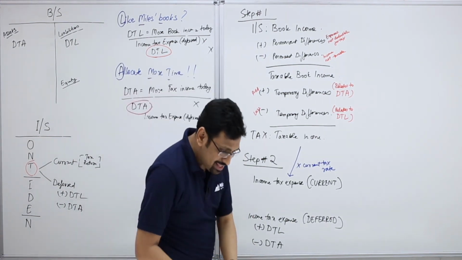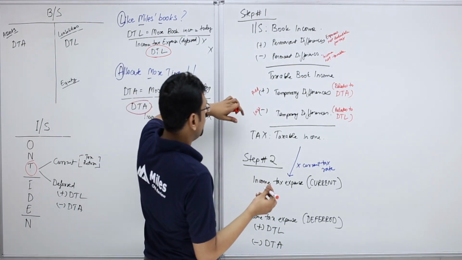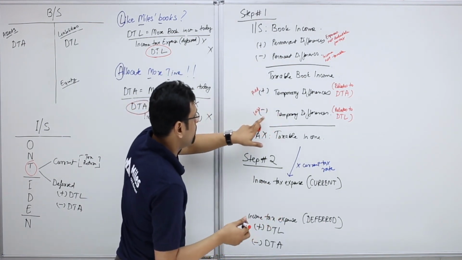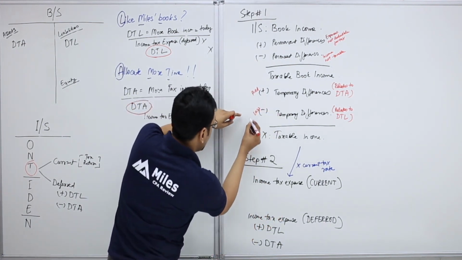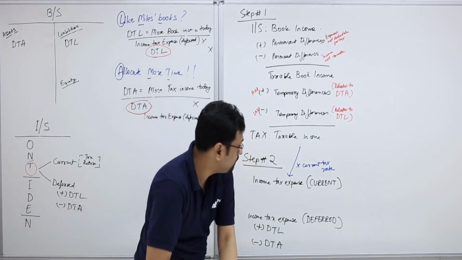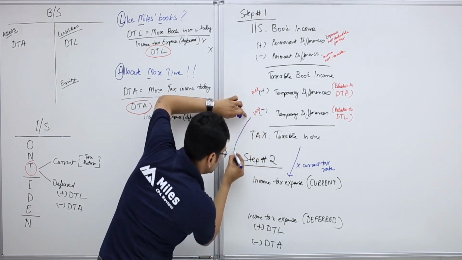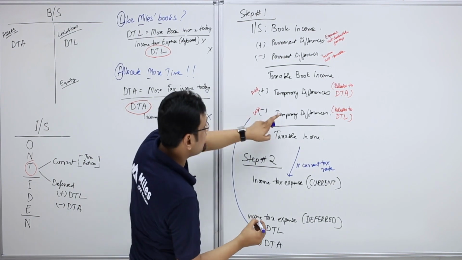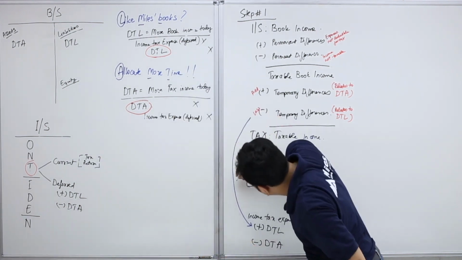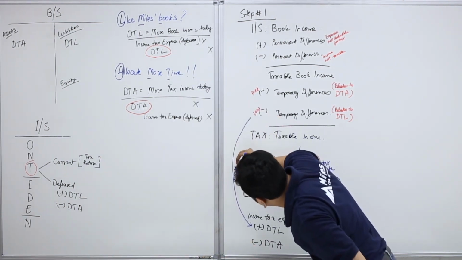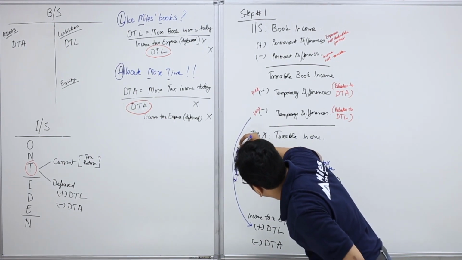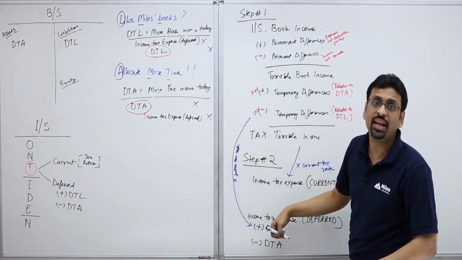So guys, these temporary differences that created DTL here, they were minus here. Now it's coming in here. Let me use the blue pen. So this temporary difference, when you multiply it by future tax rate, you would get the deferred tax liability for the year.